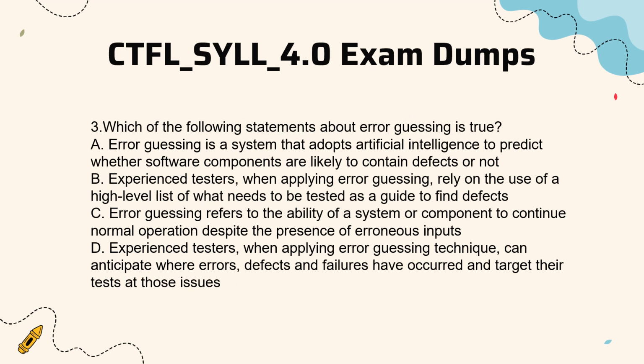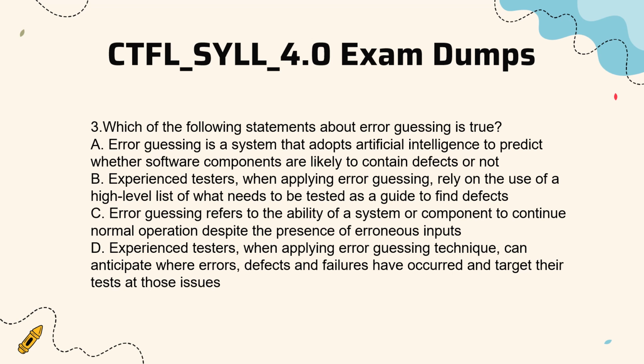3. Which of the following statements about error guessing is true? A. Error guessing is a system that adopts artificial intelligence to predict whether software components are likely to contain defects or not. B. Experienced testers, when applying error guessing, rely on the use of a high-level list of what needs to be tested as a guide to find defects.